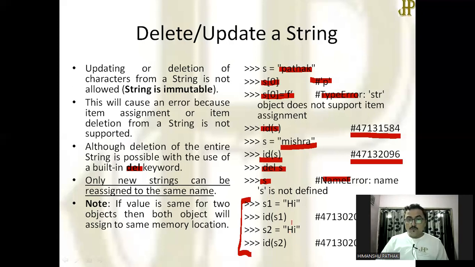Here you can see that the id of s1 is the same as the id of s2. So this is to be taken care of by you. Okay. So the first thing is that string is immutable. You cannot change or update any element from the string. However, you can delete the whole string.